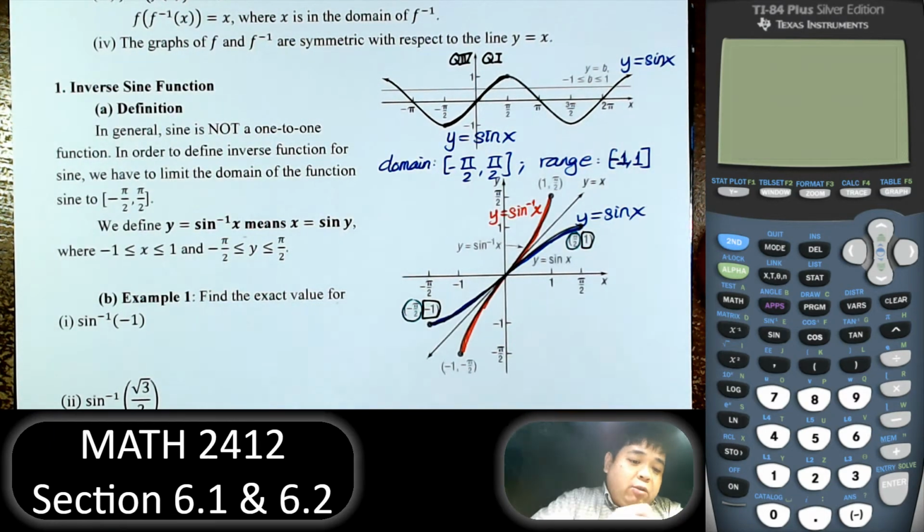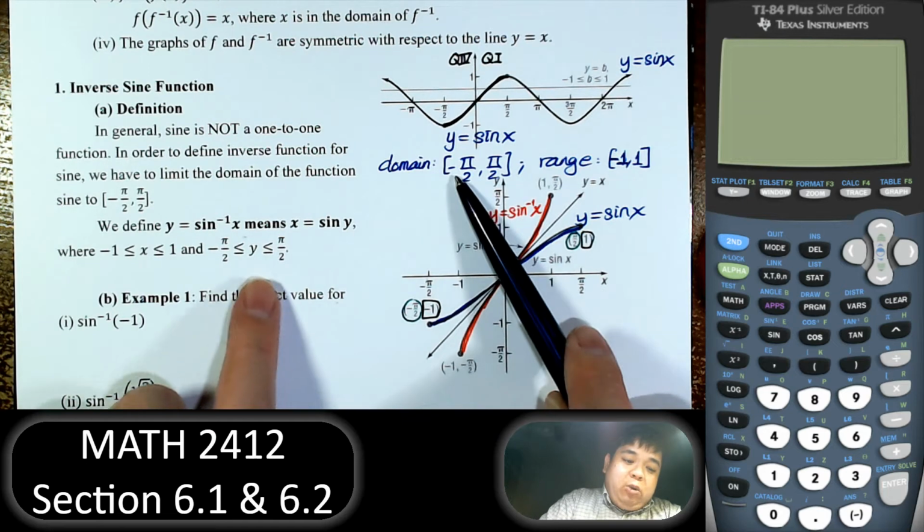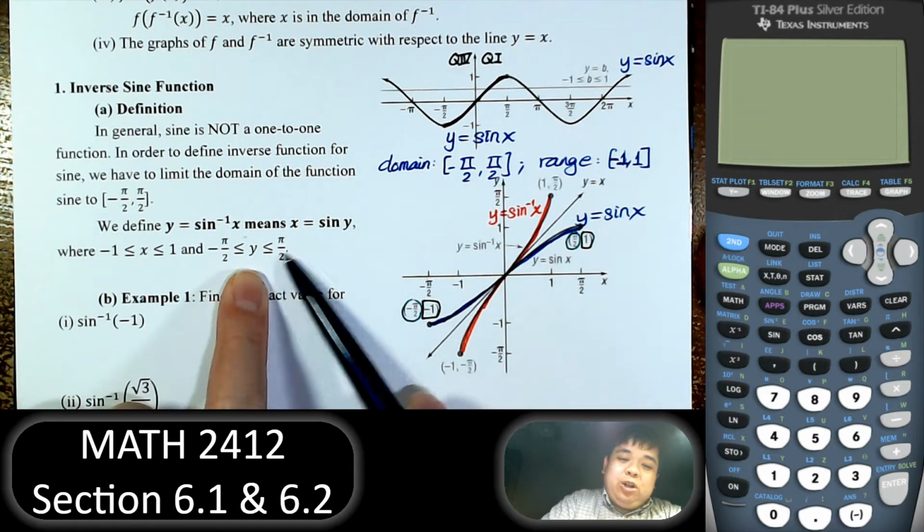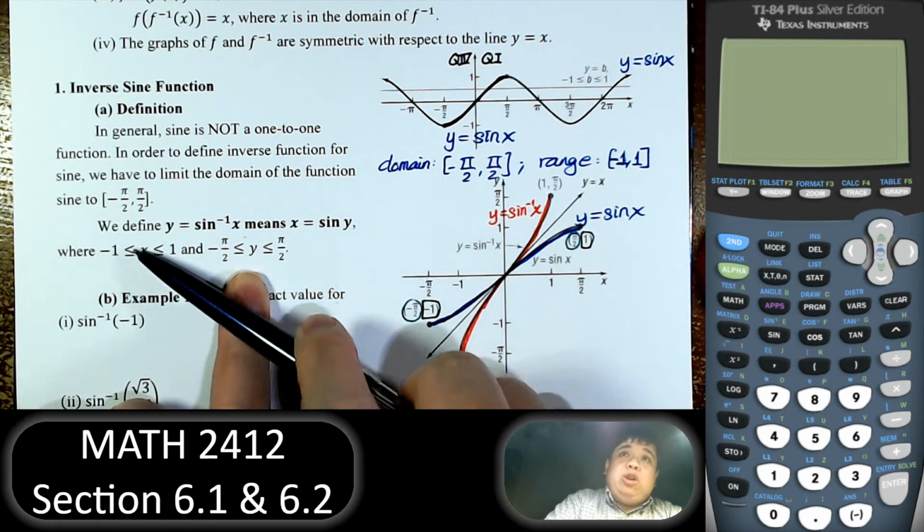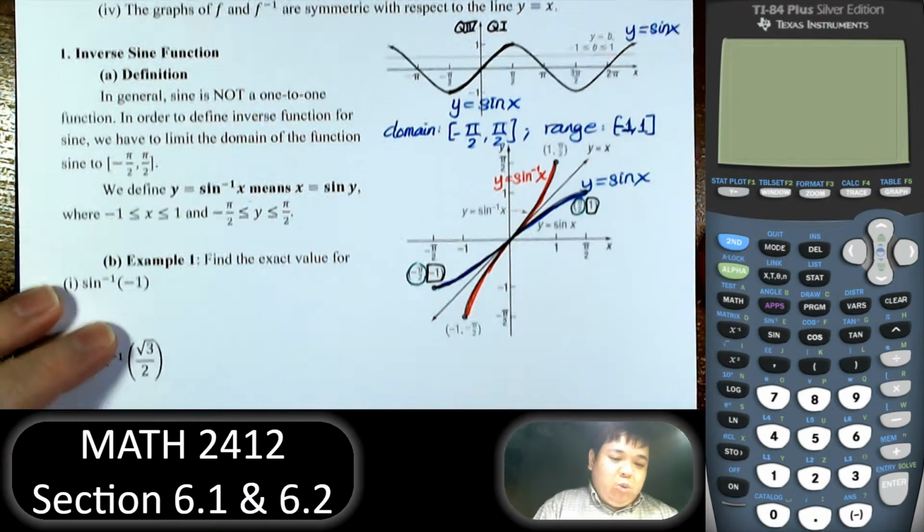From the function to the inverse, the domain becomes the range, and the range becomes the domain. We just want to switch that.